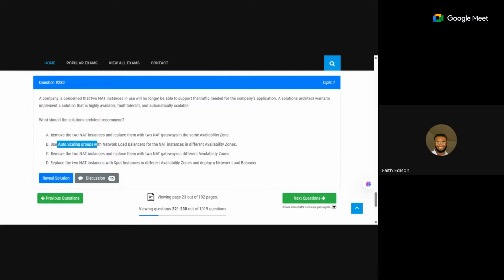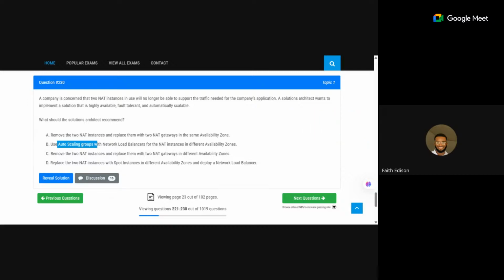Auto scaling group with network load balancer for the NAT instances. But it makes sense, so in different availability zones, are they saying you implement the auto scaling groups in different availability zones? Yeah, because that might make sense.